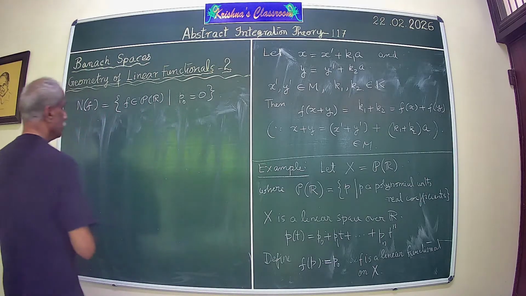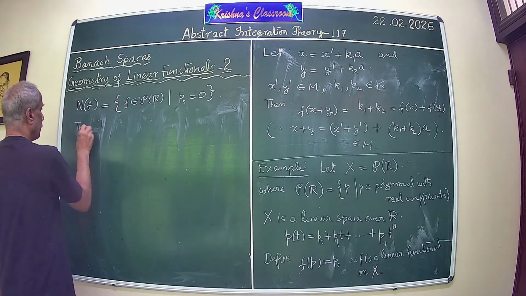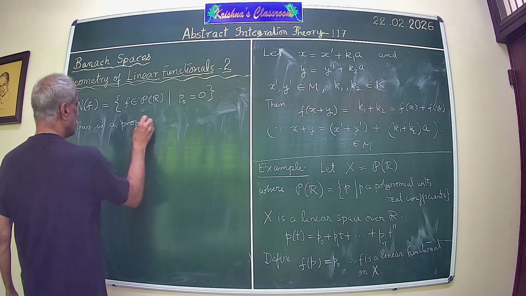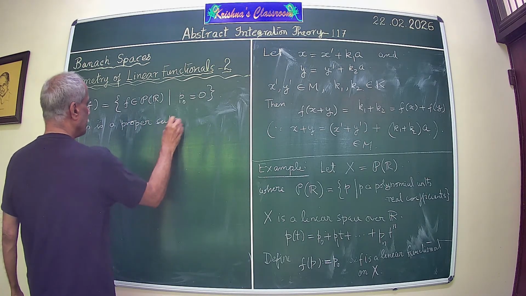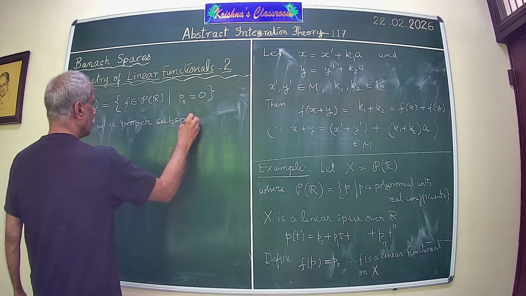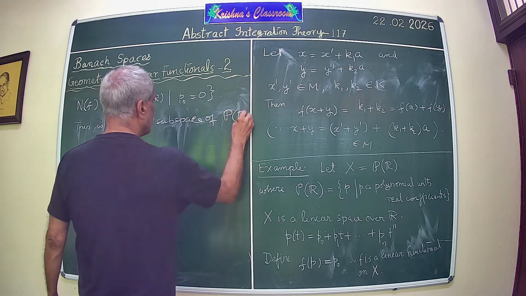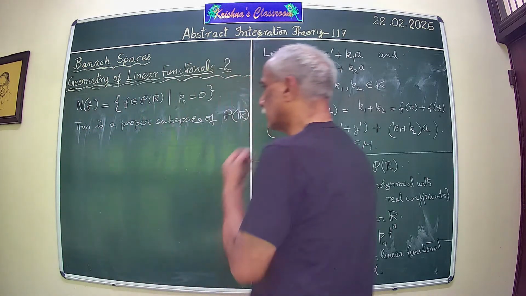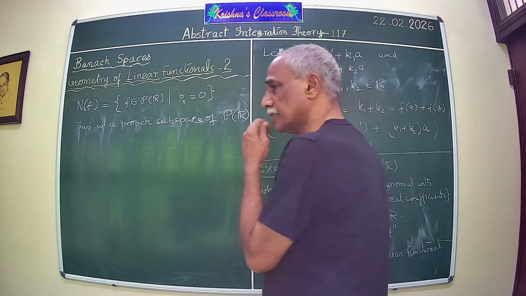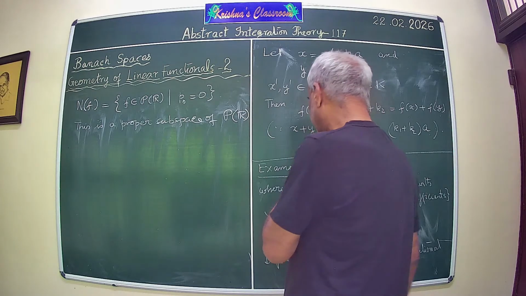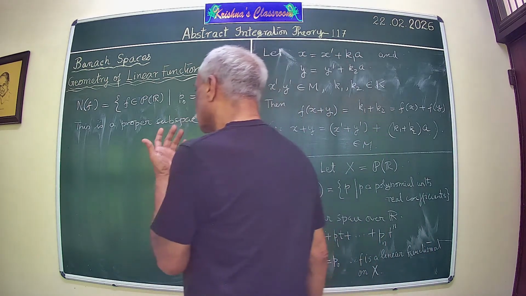Now this is a proper subspace of X because this consists of all polynomials with the coefficient of t to the power 0 equal to 0.